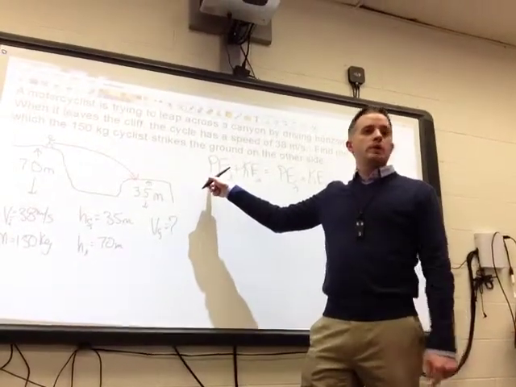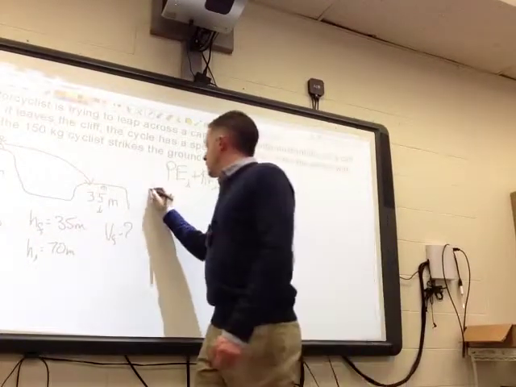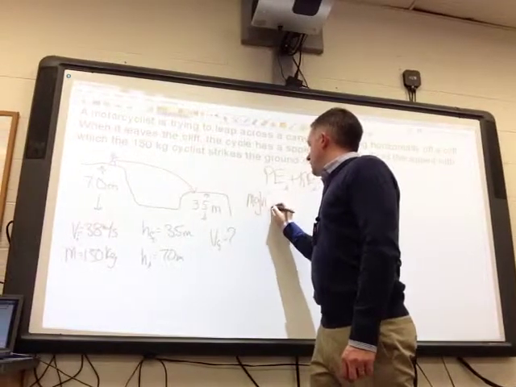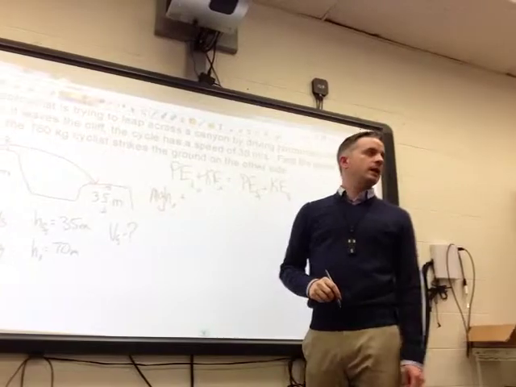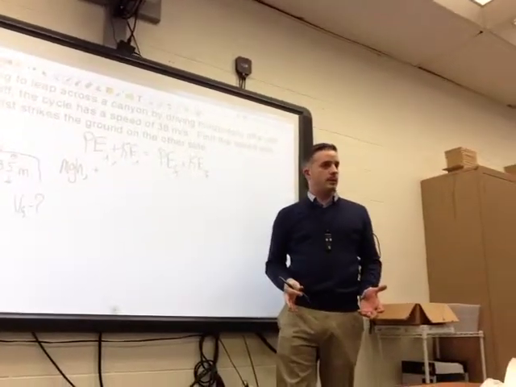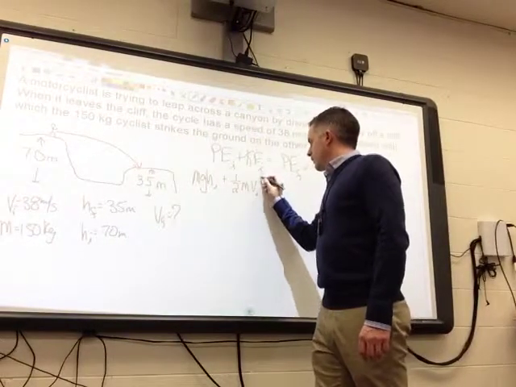All right, so let's plug in what we know. The equation for potential energy is mgh, so it's just m times g times h sub i, plus the equation for kinetic energy, 1/2 mv squared, so it's just 1/2 m v sub i squared.